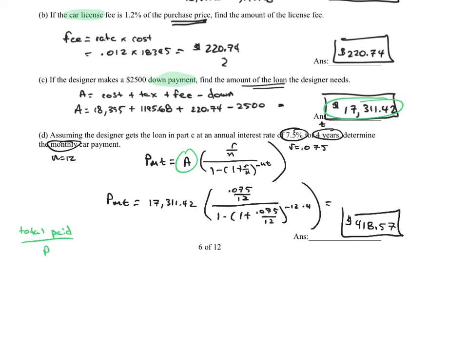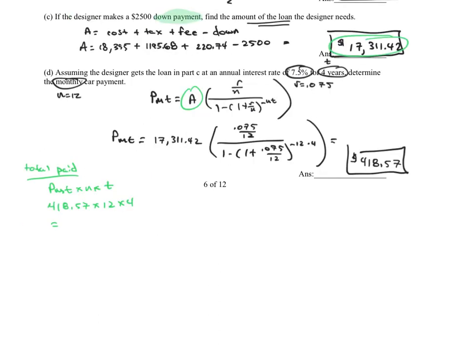So again, we're going to do the payments times N, the number of times a year, times T, the number of years. So they paid $418.57, 12 times a year for 4 years, and let's see what that is. I'm getting a total, just from the payments, of $20,091.36. You've got to remember this person also put the down payment on top of that.